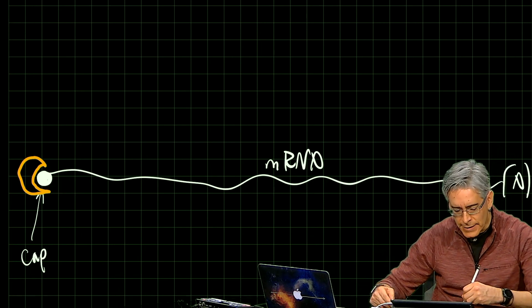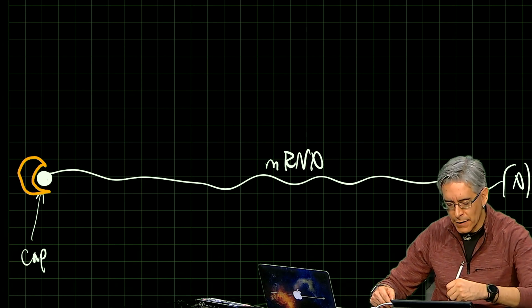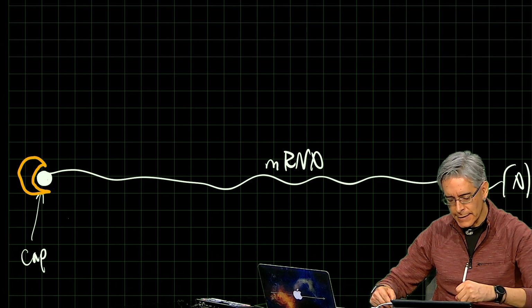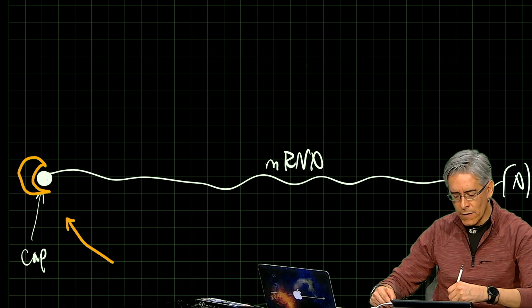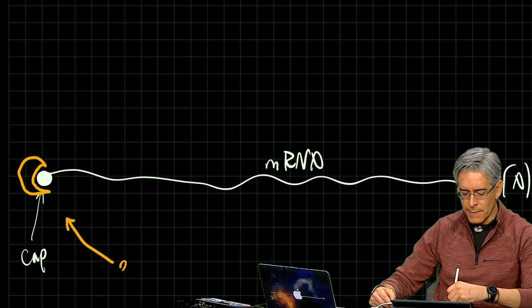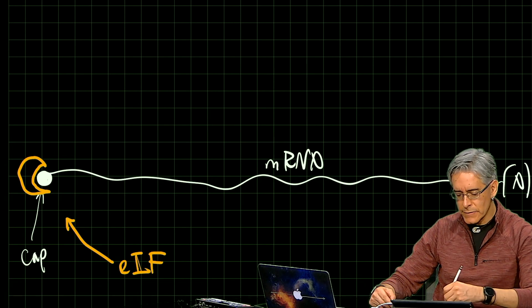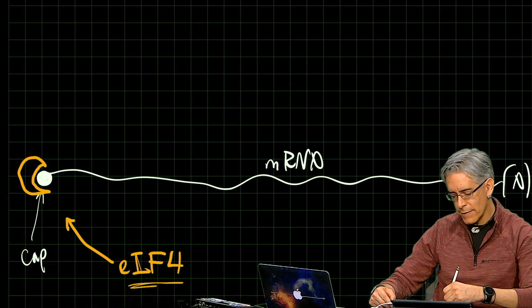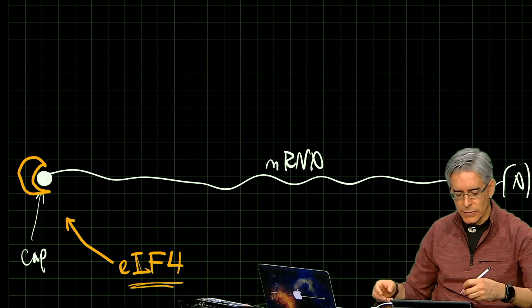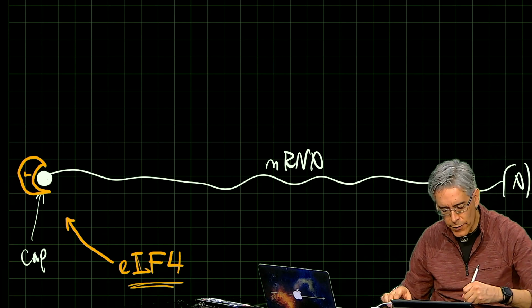And that protein, by the way, all of these factors that will be binding to the messenger RNA, they all are members of the eukaryotic initiation factors 4 family of factors. So the first one, the cap binding protein, is 4E.